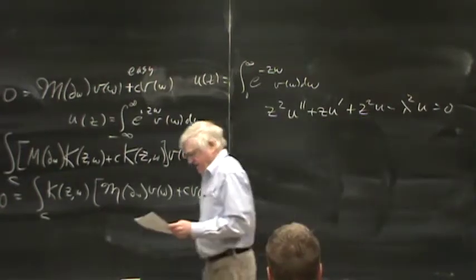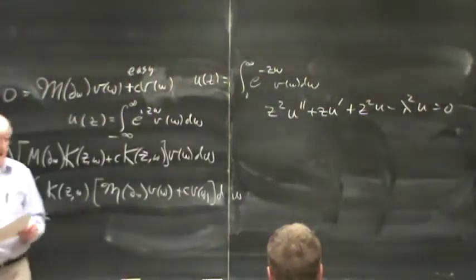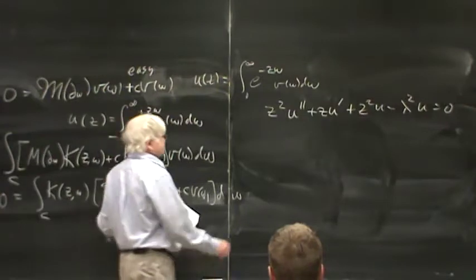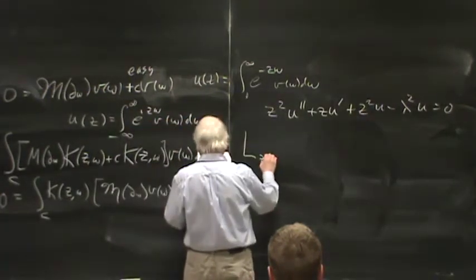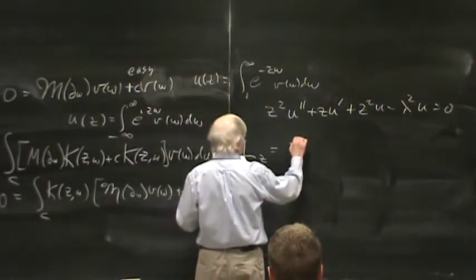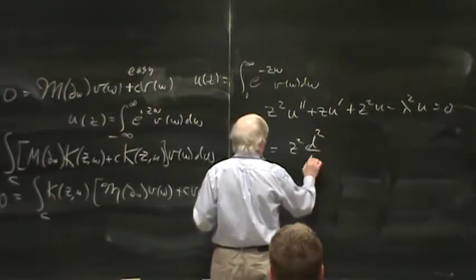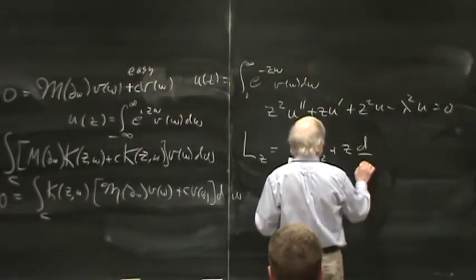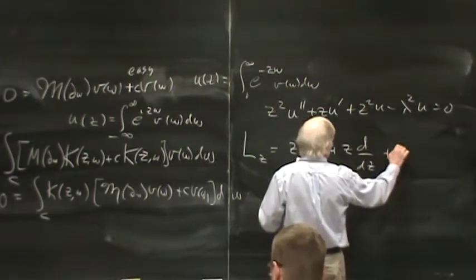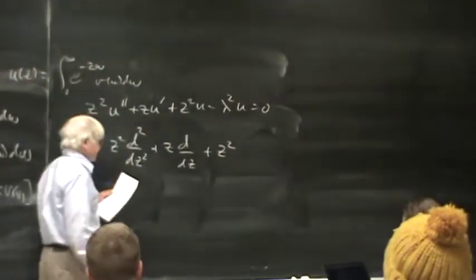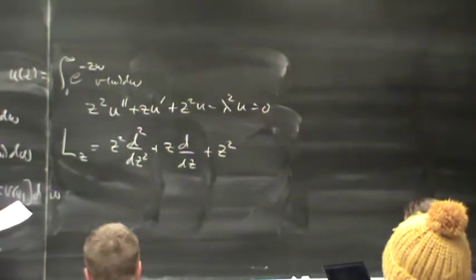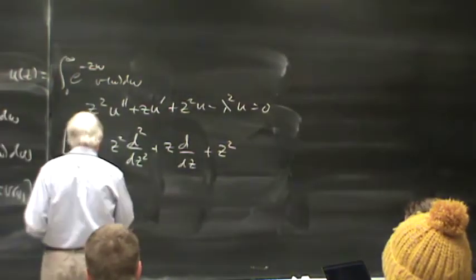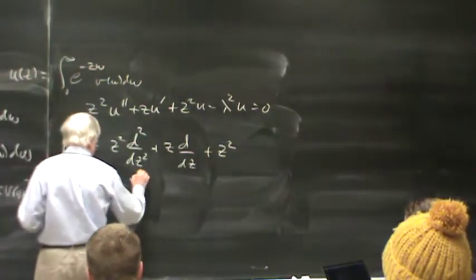The eigenvalue, in a sense, is squared there. So what's the differential operator L of z? It is z squared d2 dz squared plus z ddz plus z squared. So that's L. The constant c is minus lambda squared.